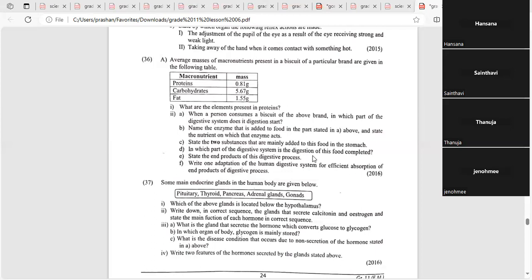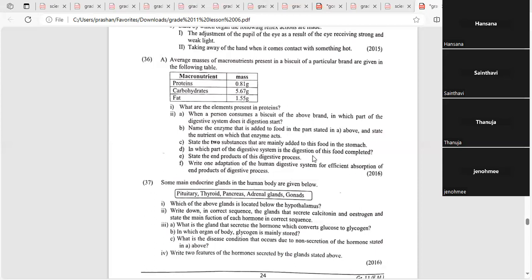Monosaccharide is the basic unit of carbohydrate. Two monosaccharides connect together and form a disaccharide. A large number of monosaccharides connect together and form a polysaccharide. Fat breaks down into fatty acids and glycerol.